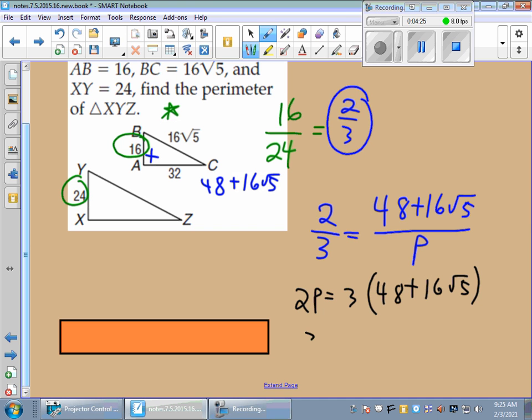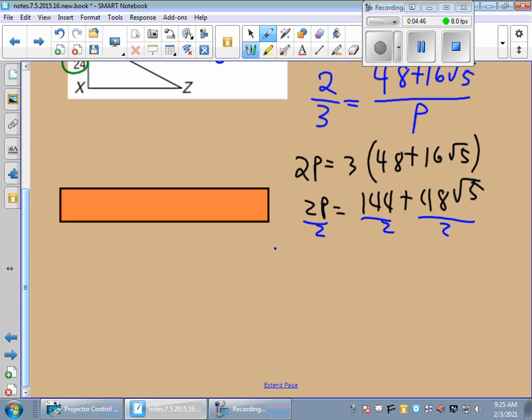Then you would multiply those, and you get 144 plus 48 square root of 5. Then the last step, we divide everything by 2. 144 divided by 2 is 72, plus 24 square root of 5. That right there is our final perimeter. So again, just working with perimeters and also understanding how to use square roots.